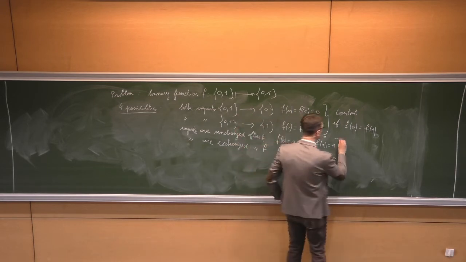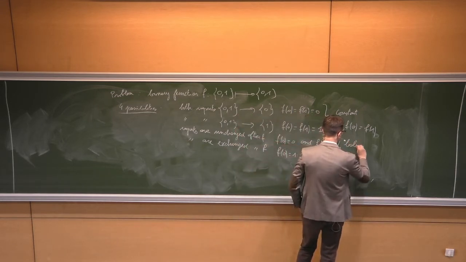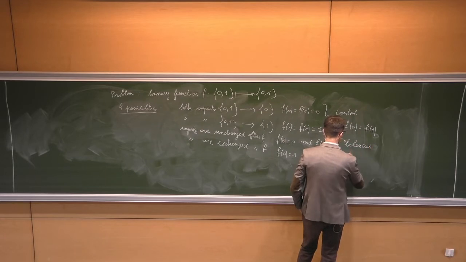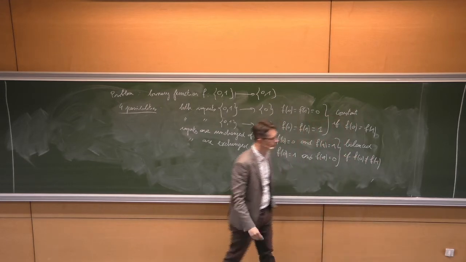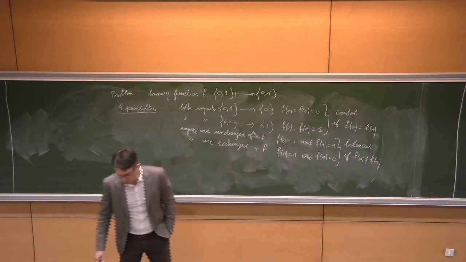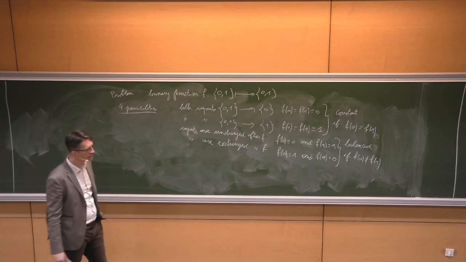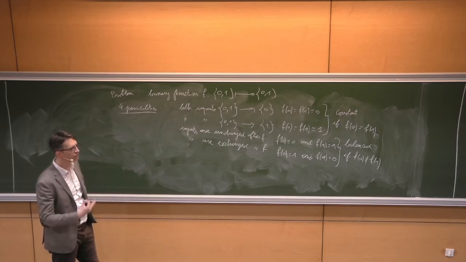So this is what I call the balanced family. It's balanced if f of 0 is different from f of 1. Okay? So the question I have, that's Deutsch's problem, is to find out whether the function is constant or balanced in the minimum number of steps.